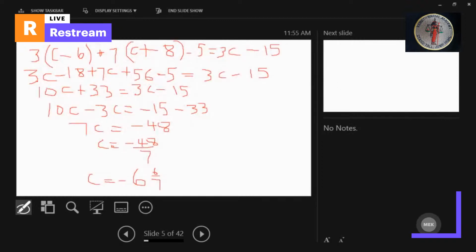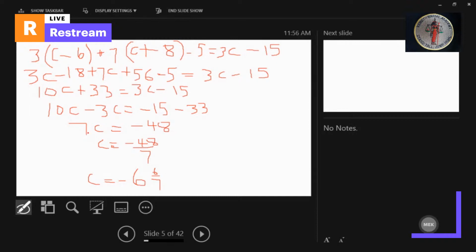And for that one, again, we expand the brackets. 3 times C, 3 times negative 6, 7 times C, 7 times 8. And then we group all the C's. So 3C plus 7C is 10C. And then we bring over this 3C here and take it away.